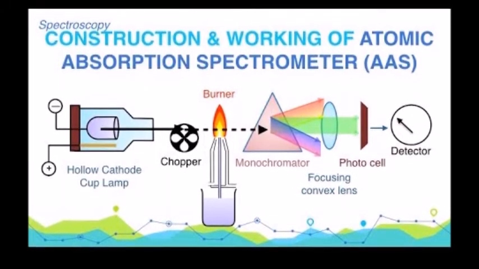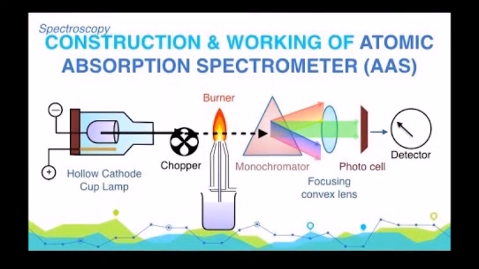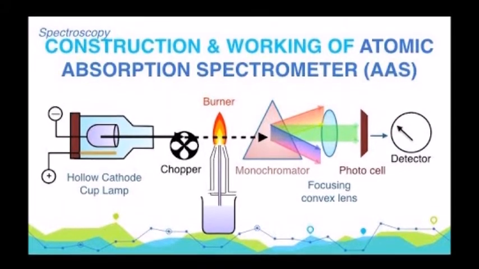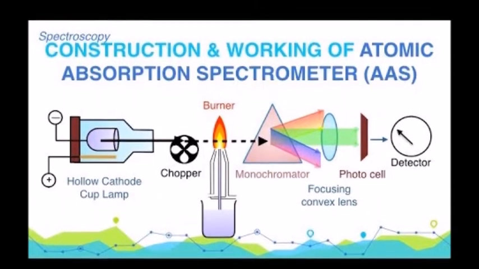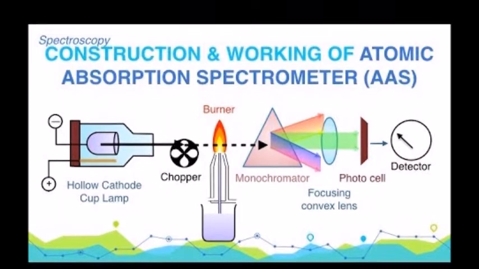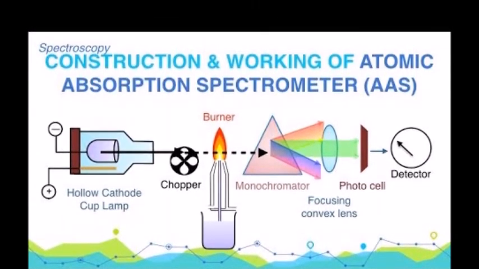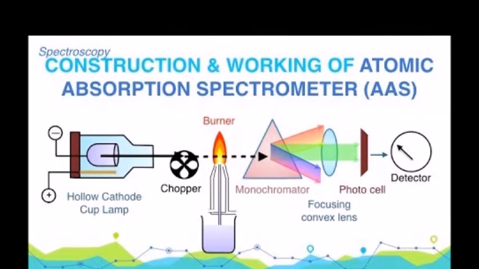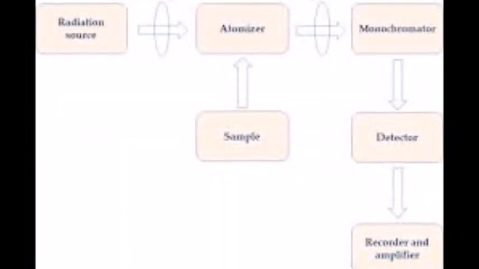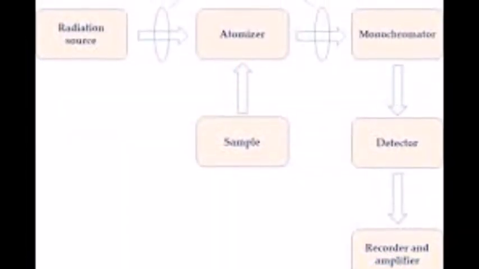This process is called atomization, and this atomized substance is further taken to the next chamber, where the light and the atomized substrate interact, and this excites the substrate.